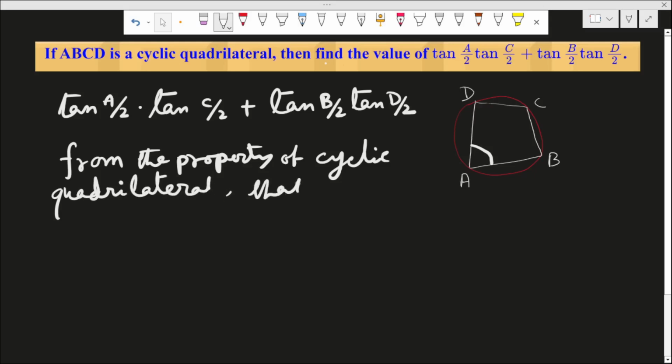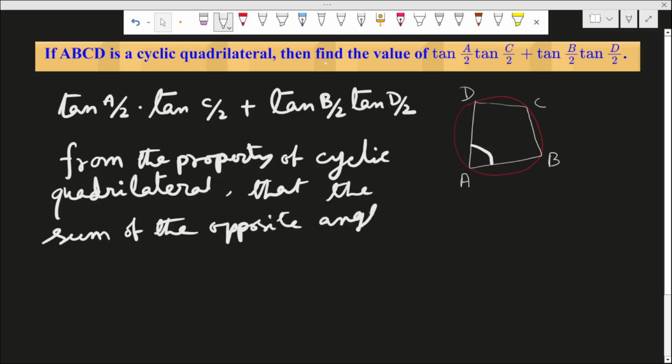the sum of opposite angles is 180 degrees.